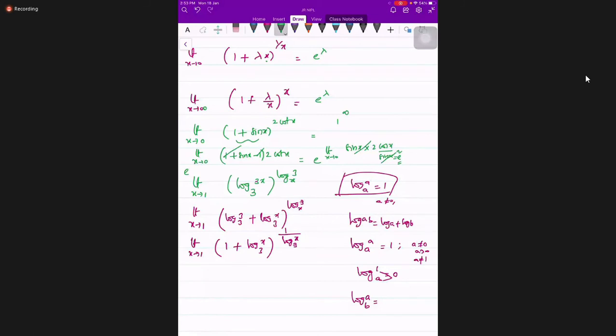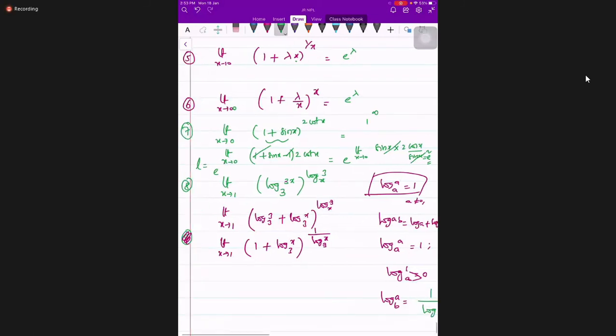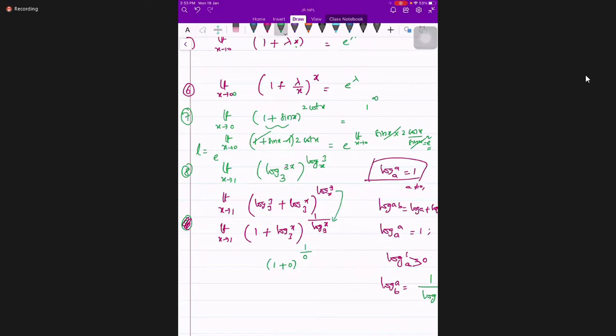This is the formula, and I applied the same formula over here. Now if you substitute 1 more, students, it is in the form of 1 plus 0 to the power of 1 by 0. Why 0? Log 1 to any base is 0. That's the reason. So now it is in the form of 1 power infinity only, no students.